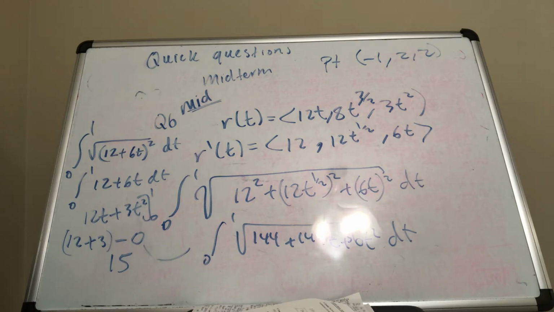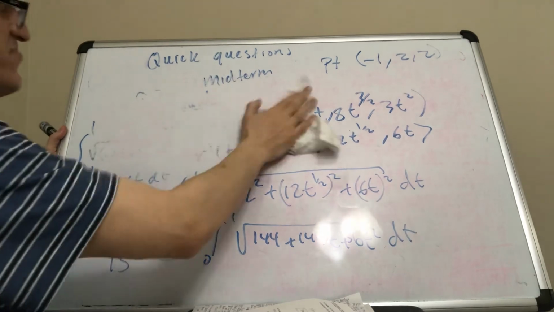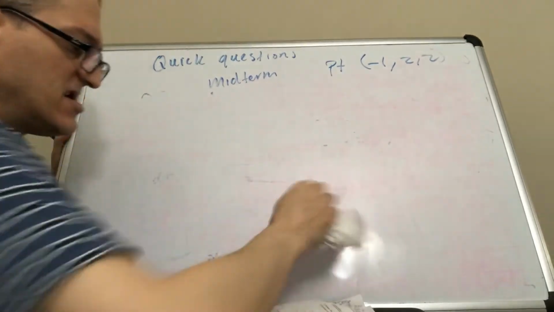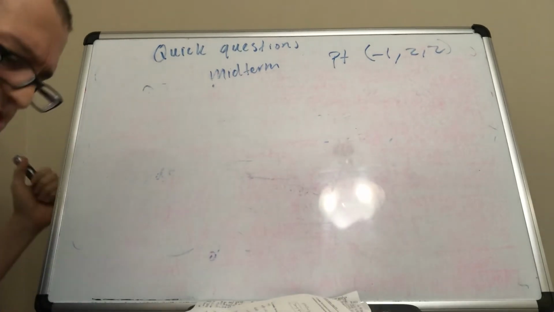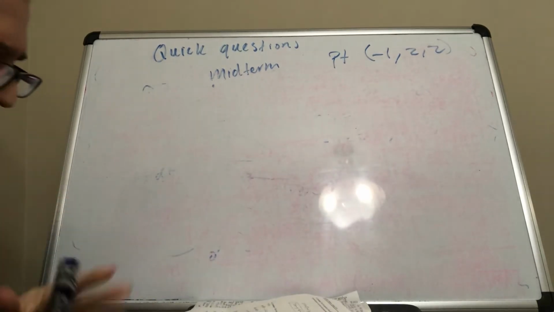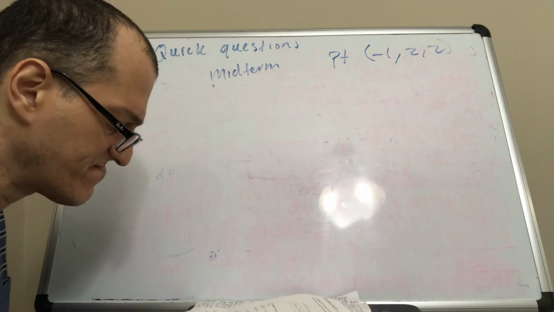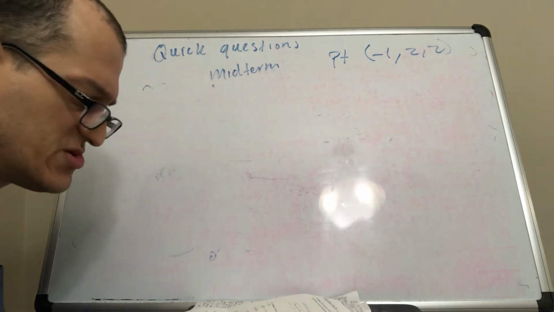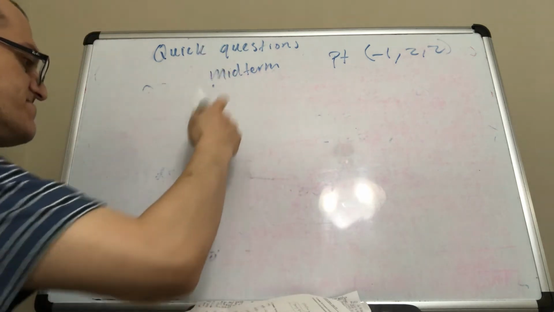So that's one question. The other one is question 7, and this is more like between worksheet 1 and the stuff after.